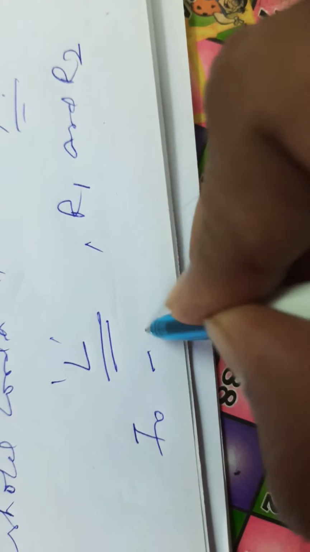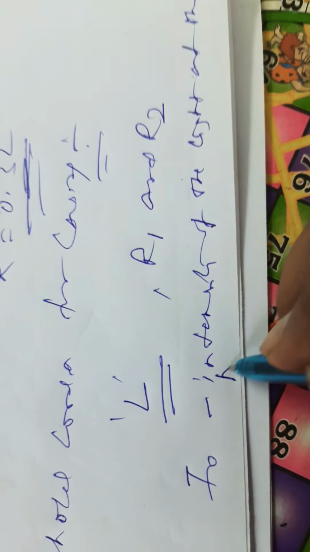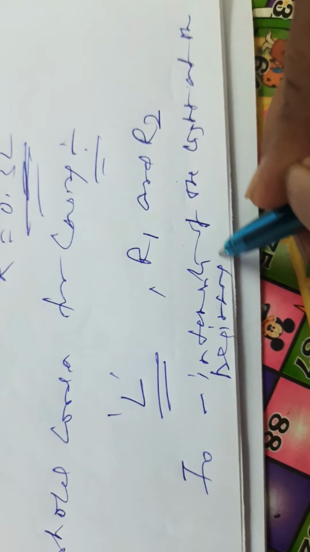We denote by I naught the intensity of the light at the beginning of the round trip.